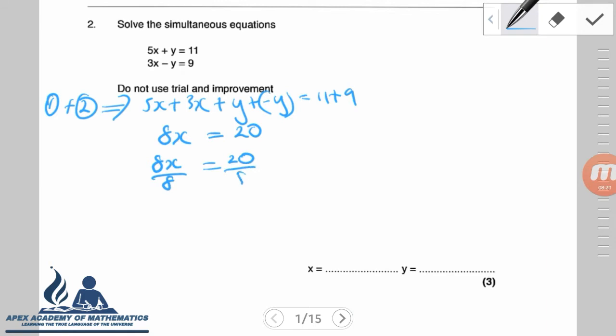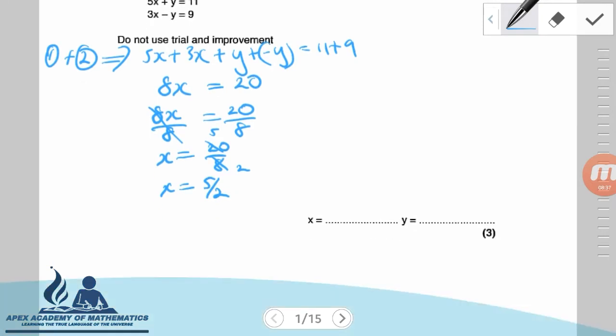So when I cancel that out, x is going to be equal to 20 over 8, which its equivalent is that x is equal to, say, 4 into this goes 2 and 4 into this goes 5, so its equivalent is 5 over 2.